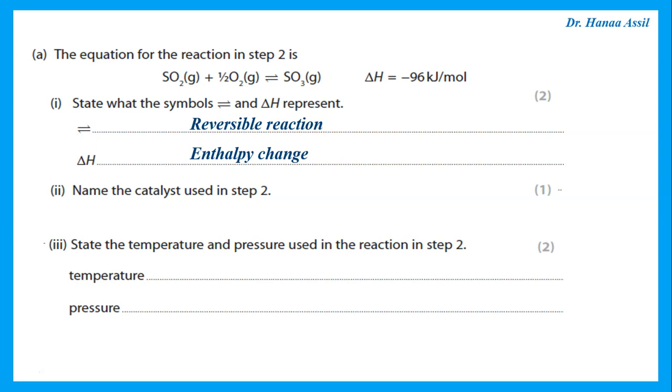Name the catalyst used. Remember, this was a reversible reaction to form sulfur trioxide. This was actually called the contact process. The catalyst is vanadium pentoxide, and this reaction should be done at 450 degrees Celsius and a pressure of 2 atm.